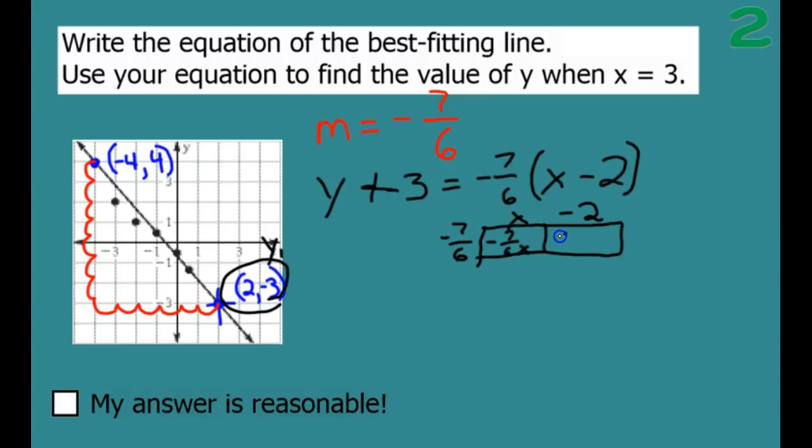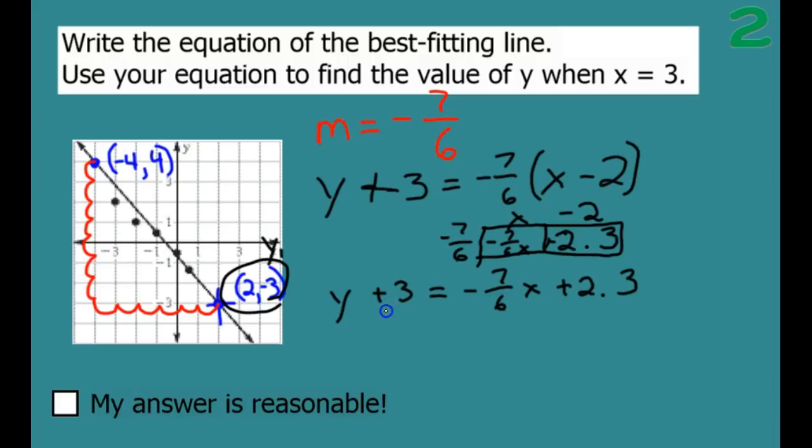Equals about 2.3, so a positive 2.3. So what we get is y plus 3 equals negative 7/6 x plus 2.3.